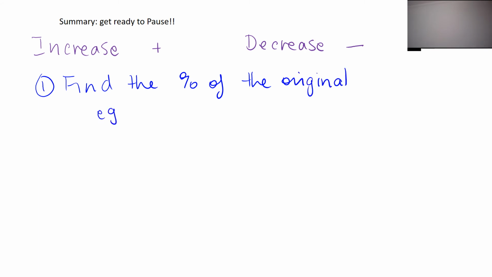So for example, 20% of, I don't know, 50. So right here I would do 20 over 100 times 50. So 20% of 50 I know is 10.